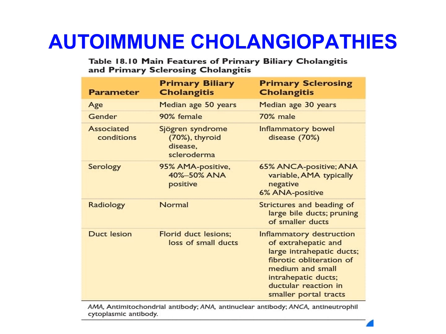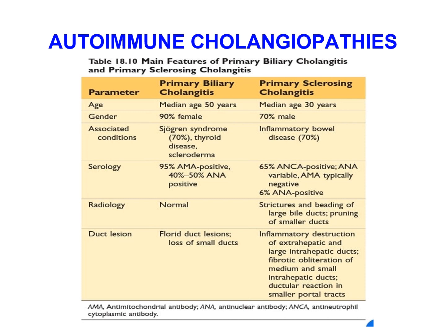You also have associated conditions like Sjogren syndrome, thyroid disease, and scleroderma in PBC, and inflammatory bowel disease in PSC. Also take note of the difference in their serologic findings. And in radiology, PBC is normal while there are strictures and beading of large bile ducts in primary sclerosing cholangitis.